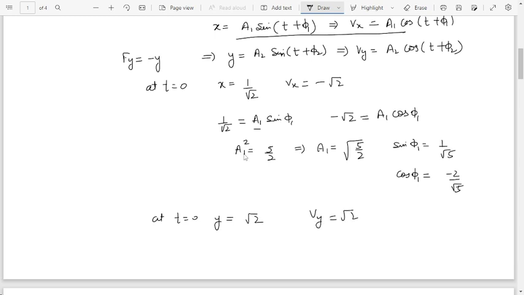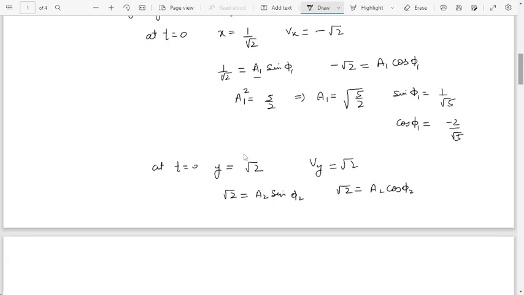So again doing the same thing, root 2 will be equal to a2 sine phi 2, and root 2 will also be equal to a2 cos phi 2. Correct. So from here a2 will come out to be 2, sine phi 2 will come out to be 1 by root 2, and cos phi 2 will come out to be 1 by root 2.